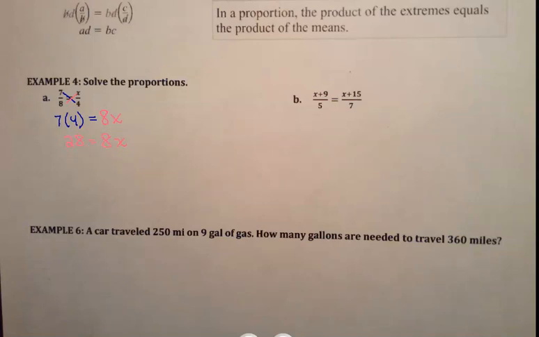Then with our teeter-totter idea to balance, we would divide by 8 on both sides. 28 and 8 are both divisible by 2, so we could do this a little easier, because fractions are division. 8 divided by 2 is 4, 28 divided by 2 is 14. Then both can be divided by 2 again. 4 divided by 2 is 2, 14 divided by 2 is 7. So I have 7 halves equals x.